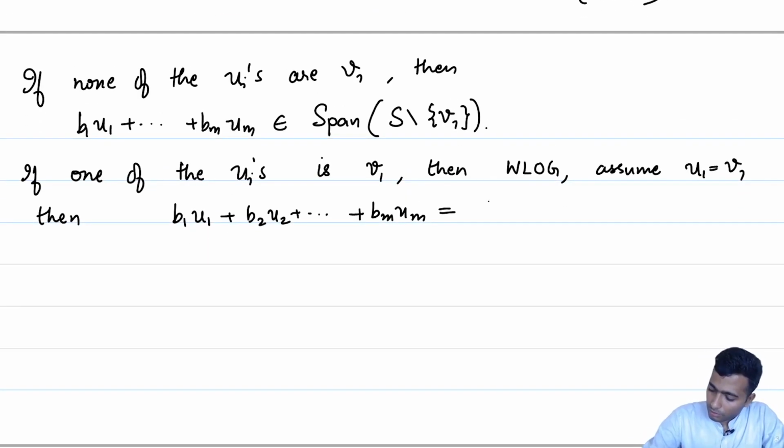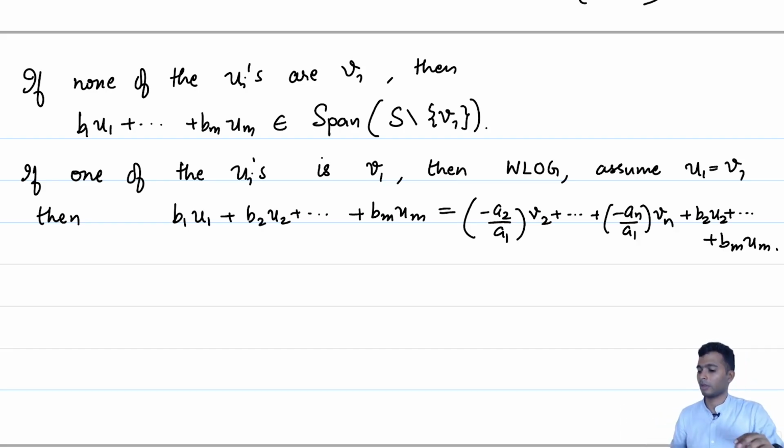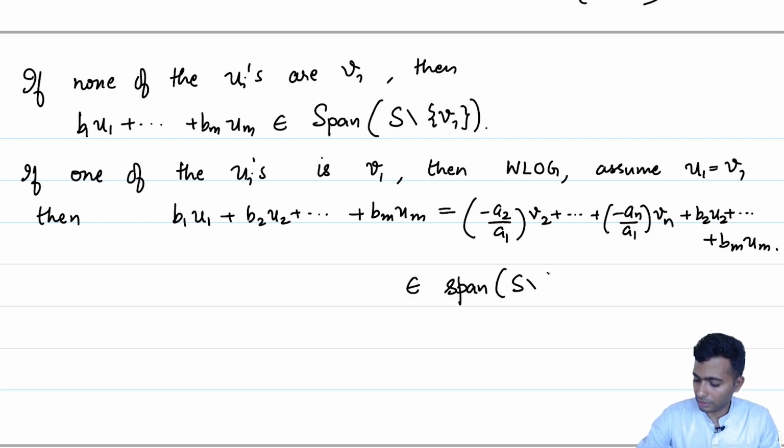This is equal to minus of a2 by a1 times v2 plus dot dot dot minus of an by a1 times vn plus b2 u2 plus dot dot dot plus bm um. Notice that u2, u3 up to um, v2, v3 up to vn are elements in S minus v1, which hence is an element in the span of S minus v1.